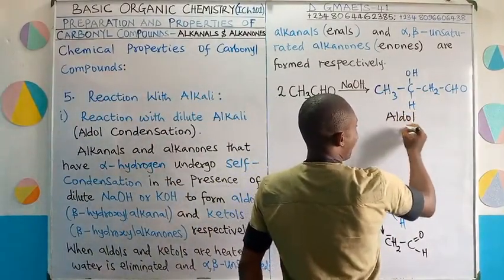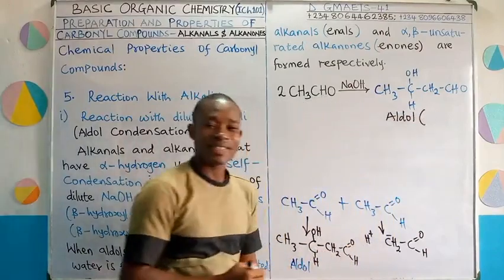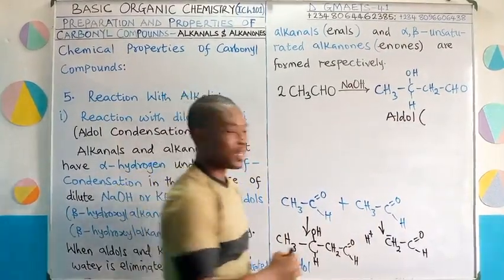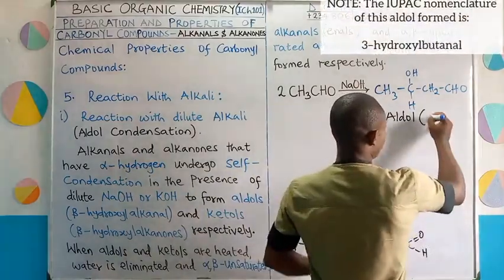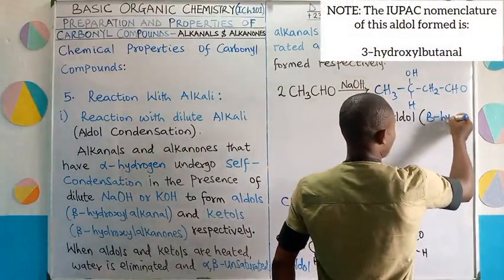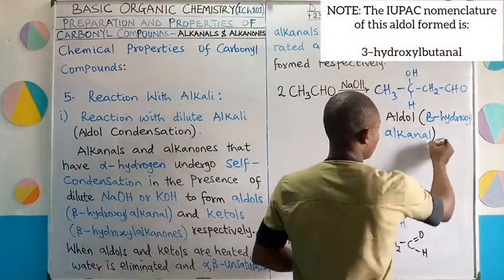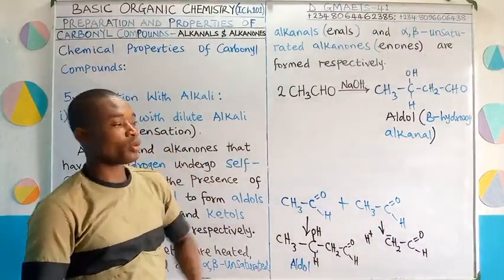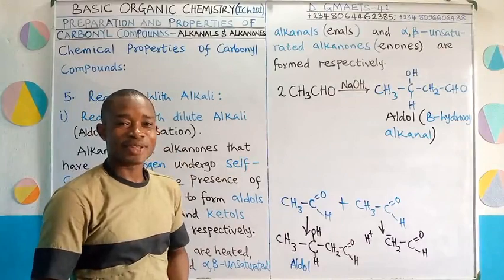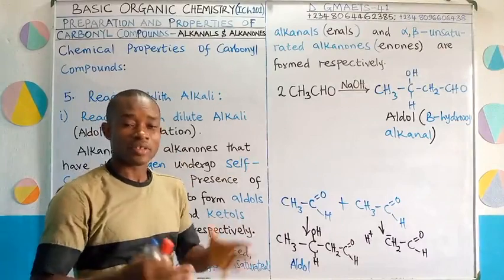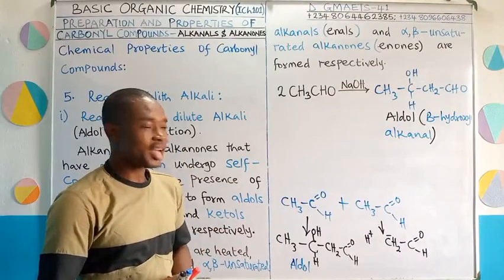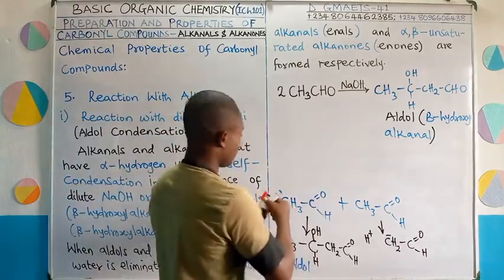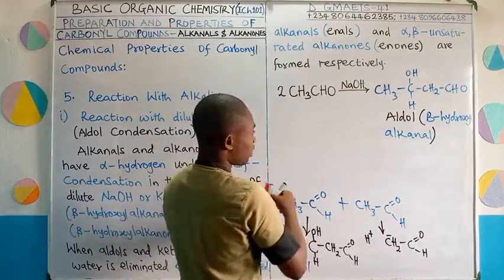And in brackets, I'm going to write beta hydroxyl alkanal. Correct. Now when you heat this compound, the aldol, you are going to get alpha beta unsaturated alkanal. And that I'm going to demonstrate as you're going to see. Let us heat that compound formed there.